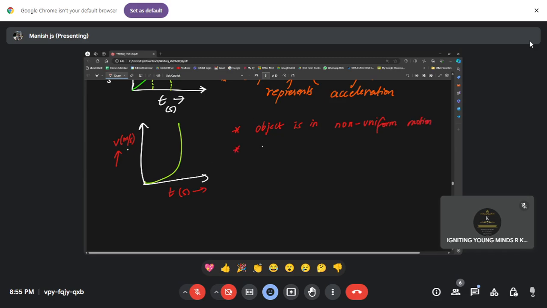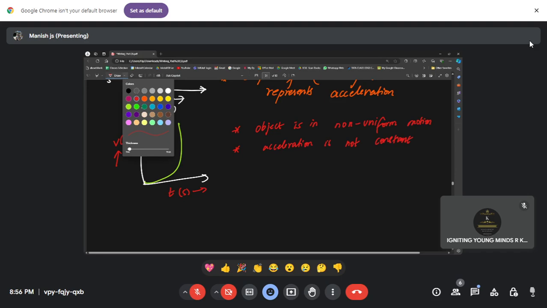and acceleration is not constant. Basically, it is exponential. You can see that there is an exponential increase in acceleration. So acceleration can be expressed as a function of time as a is equal to dv upon dt.